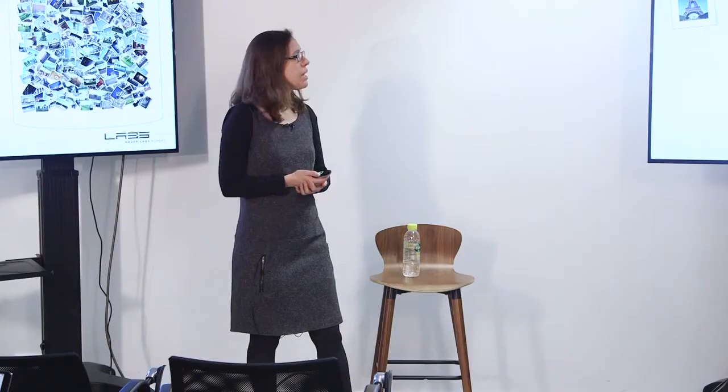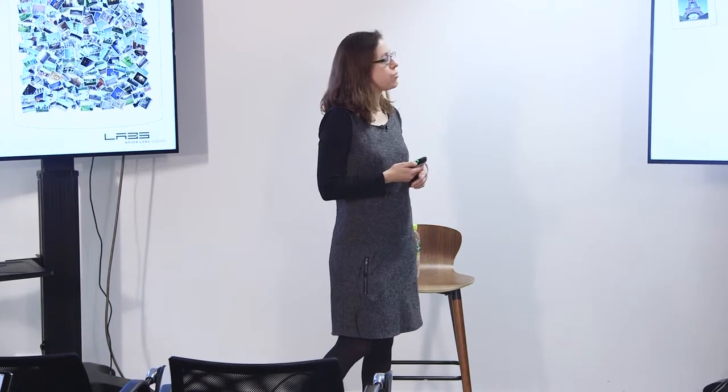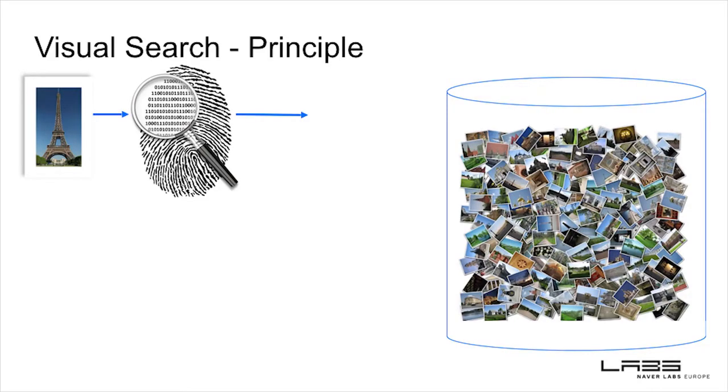What we're going to do is to represent this image with a visual fingerprint or visual signature that captures all the information we need to do this retrieval task. And this visual fingerprint usually takes the form of a vector or multiple vectors that capture all the relevant information.